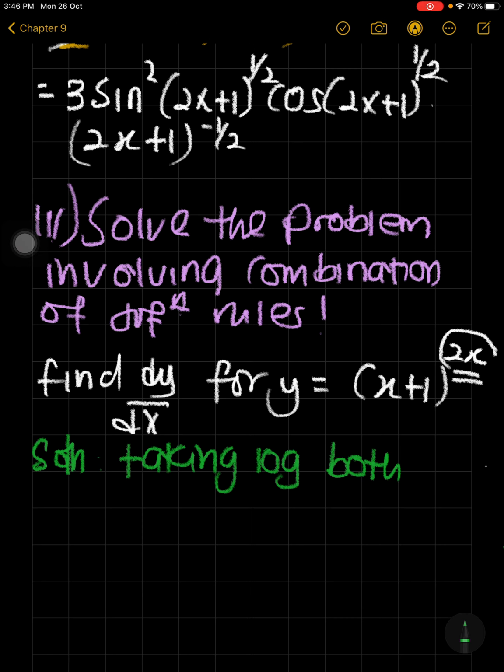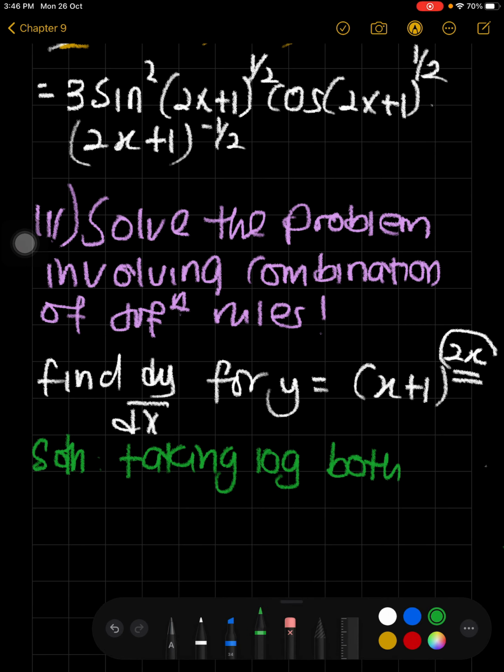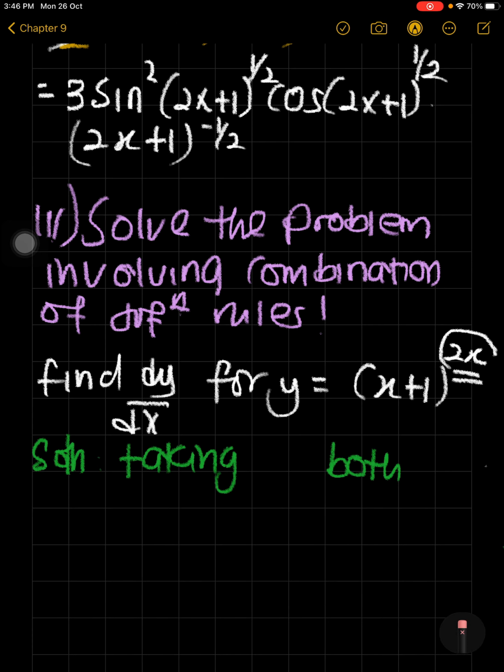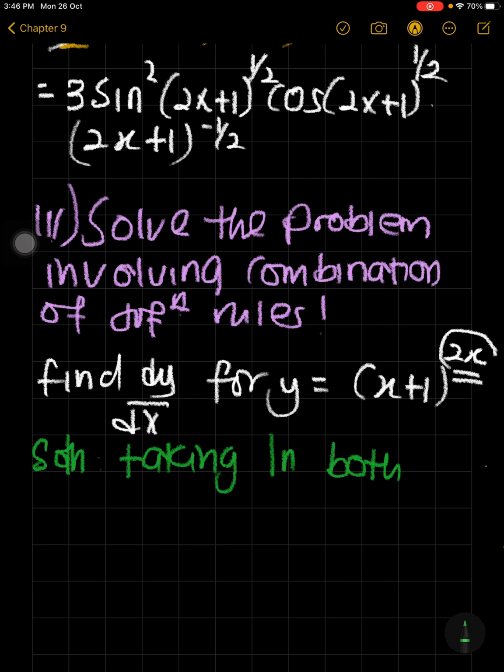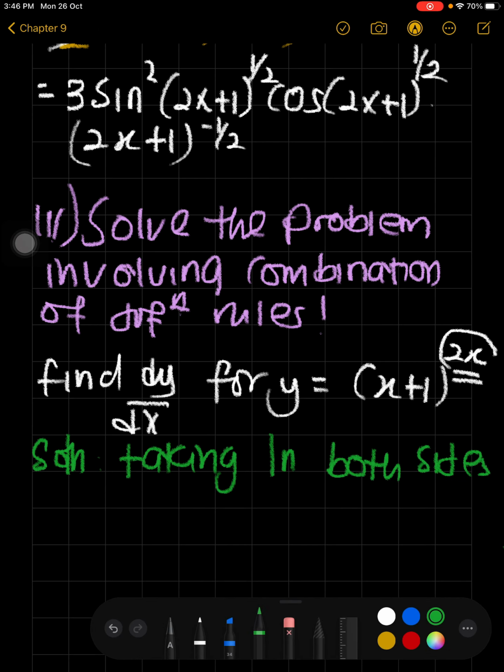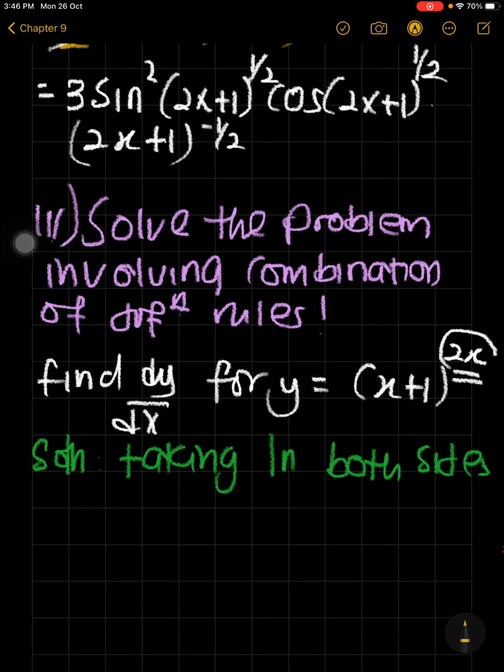You ambil taking ln lah. Taking, sebab log boleh je you guna mana-mana pun. Okay, kita ambil ln both side. Okay, so you punya first step adalah, okay, you ambil ln both side.